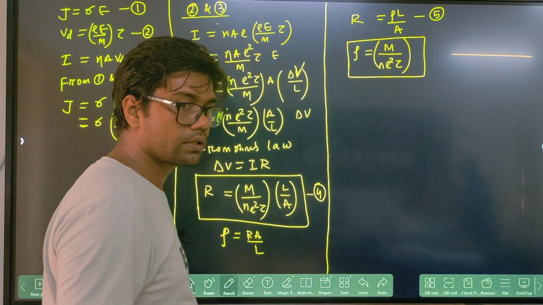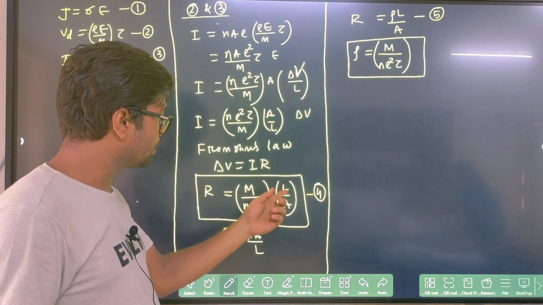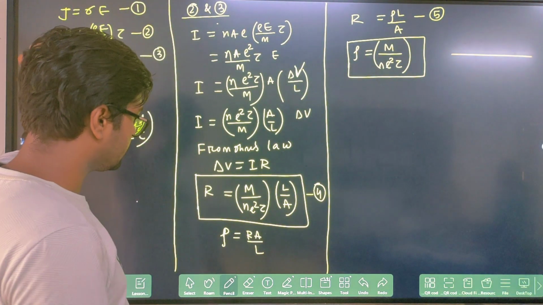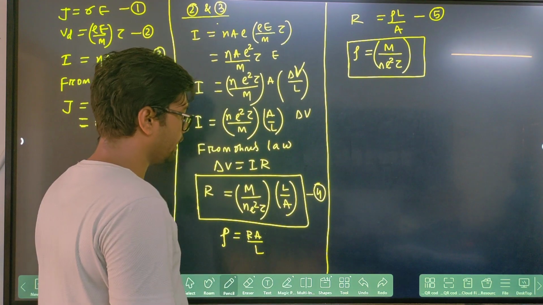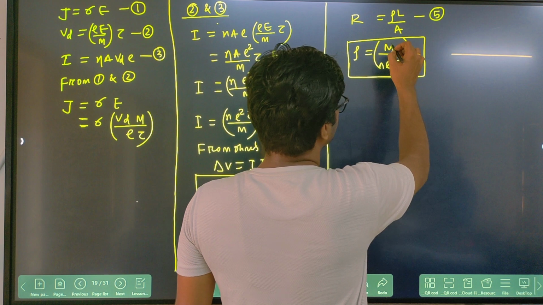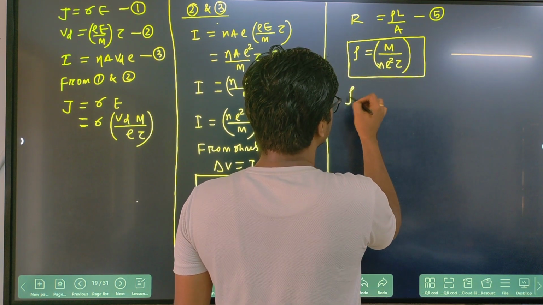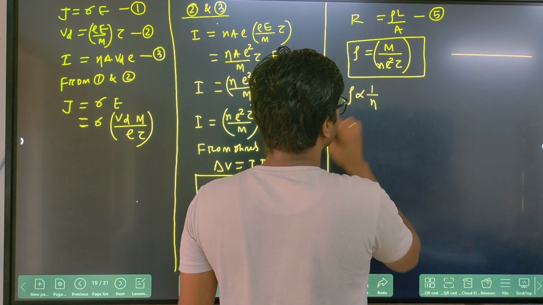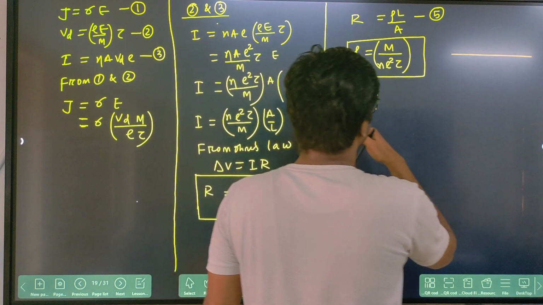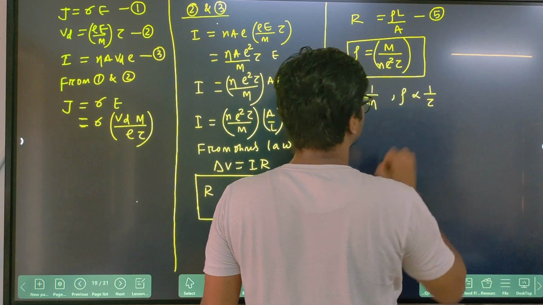First thing you observe here is that resistance depends on the length of the conductor and the area of cross section of the conductor. This thing is proved here. Now if you look at this resistivity, it depends on the number density of the electron. So resistivity is inversely proportional to the number density of the charge carriers in a conductor, and also proportional to 1 by tau.